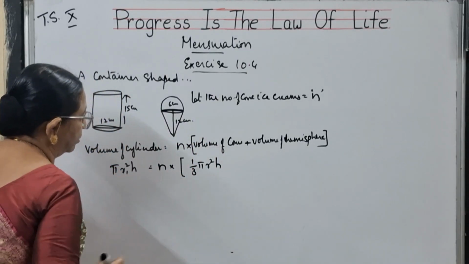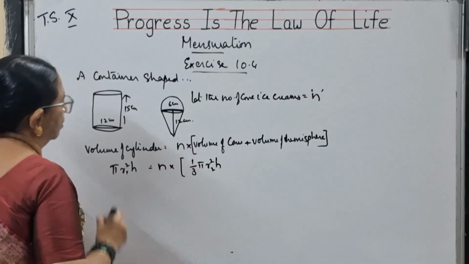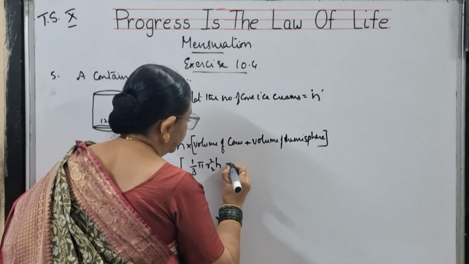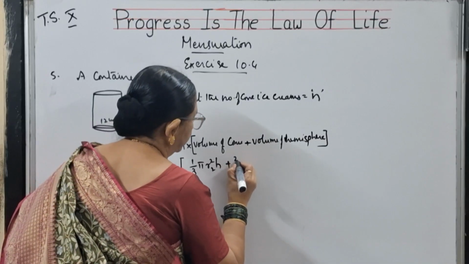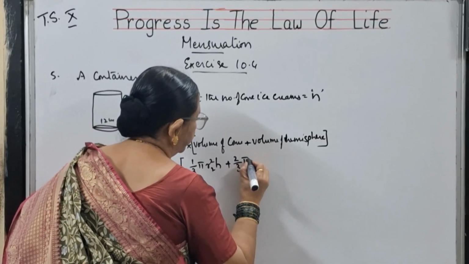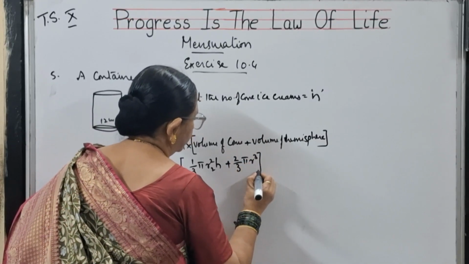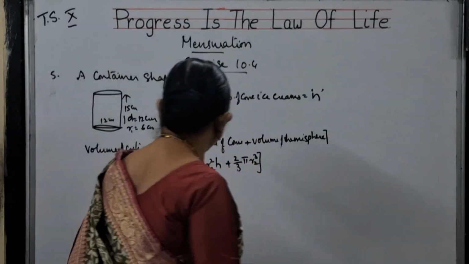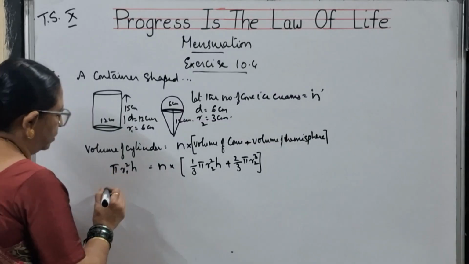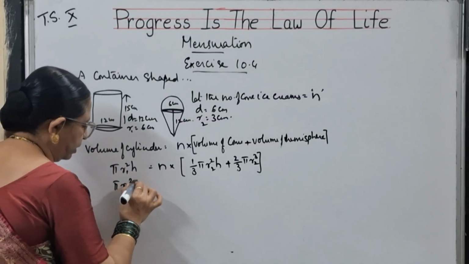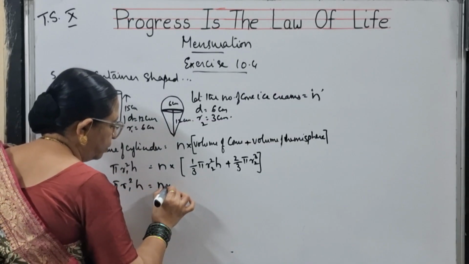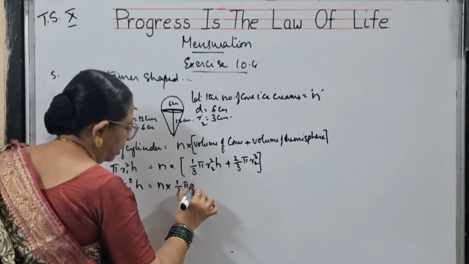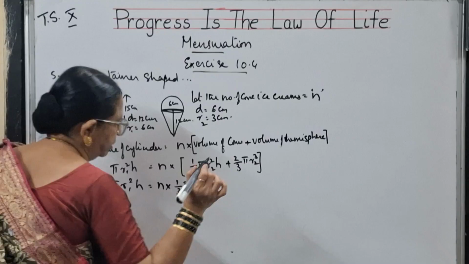This one I'll write as r1. This one I'll write as r2, because this radius is different. Plus volume of hemisphere, that is 2/3 pi r cube. Here also r is r2. So now, children, pi r1 square h is equal to n into, in this, I am taking 1 by 3 pi r2 square as common.